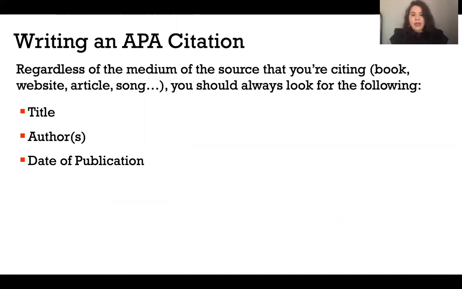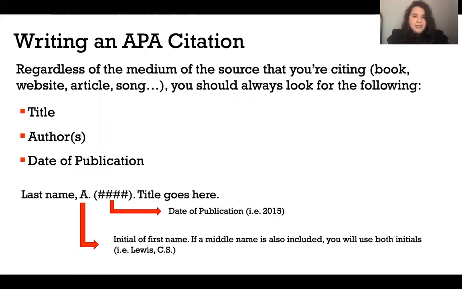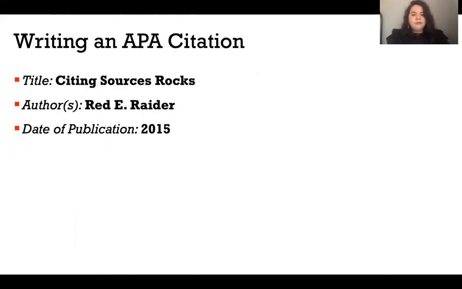So let's say we want to write an APA citation. We need to know the title, the author or authors, and the date of publication. You'll start with the last name, comma, and then initial. They may have just the first initial or the first and middle, the year, and the title. So in this example, we have our title, Citing Sources Rocks, the author, Redd E. Rader, and the date of publication, 2015.